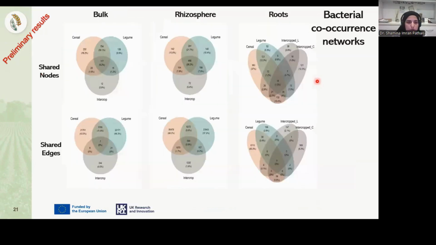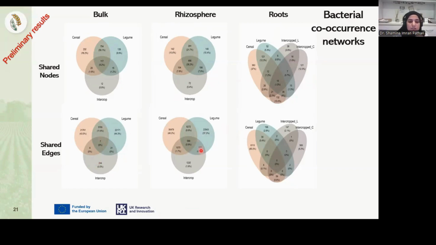What I would like to show you further, just to confirm, is that we also have some unique nodes, like taxa, which are microbial genus or species. We found that only a very small number of taxa are shared between different networks, even in the different compartments, the bulk, rhizosphere, and roots, and the edges are how they are interconnected.